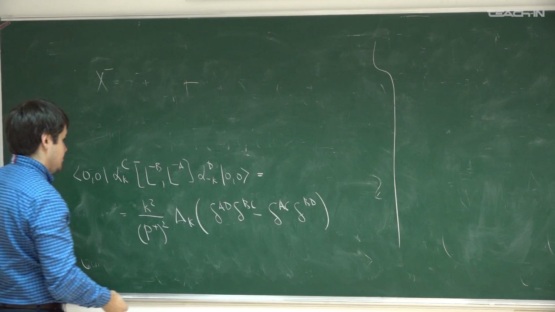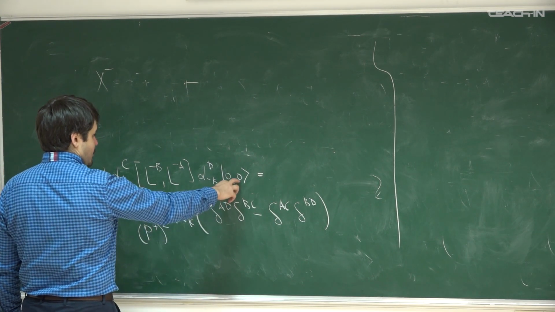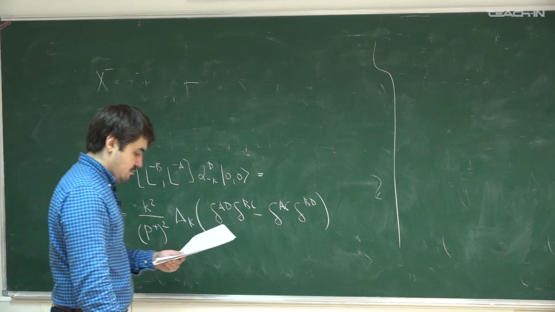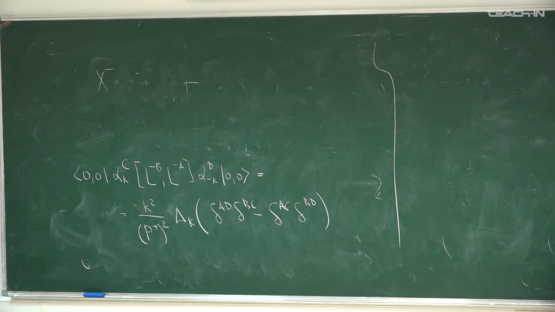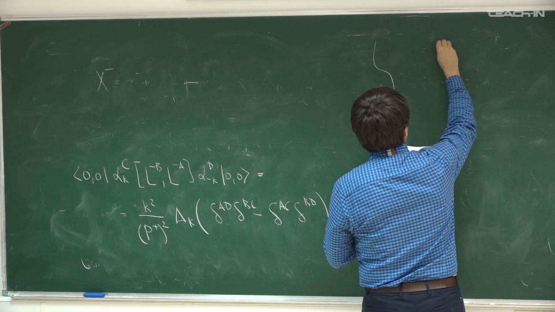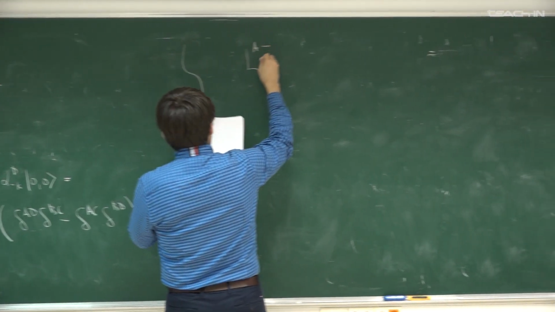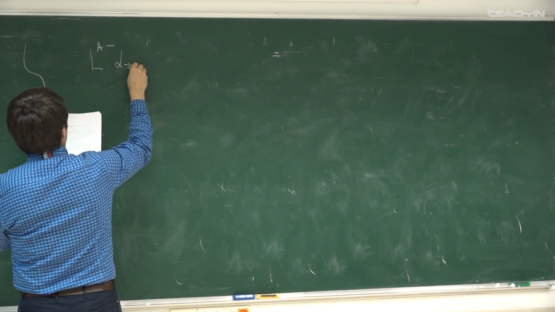I even prefer to act with states of momentum 0. I can choose any momentum, but I prefer momentum 0 because that's the easiest one. The calculation has several steps. We want to act with L_A minus on this state.